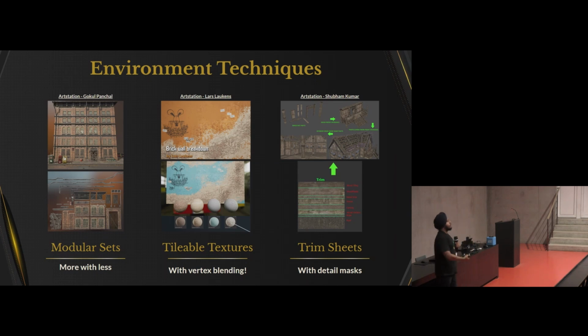And we cannot give it a unique texture. So we have to rely on tileable textures. And if you put a tileable texture on a large surface, it will start to look repetitive. And how we reduce the repetition is basically using vertex blending, or blending the noises together, so it doesn't look that repetitive from the distance.